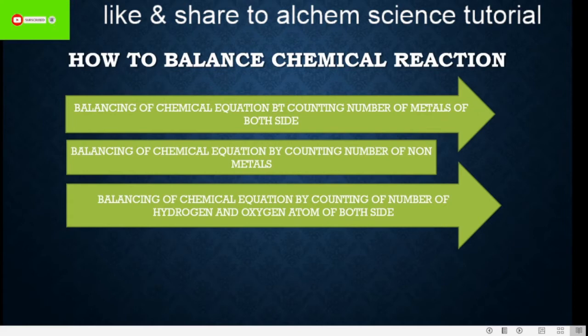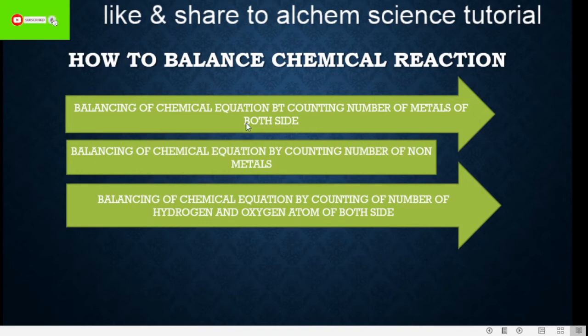Basically, we are utilizing three aspects in balancing a chemical reaction. First of all, we need to count the number of metal atoms present on both sides. Second, we will balance the non-metals on both sides. First we balance the metal present on both sides of the chemical reaction.